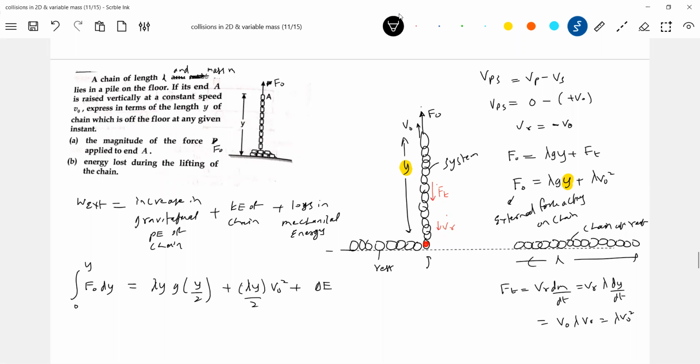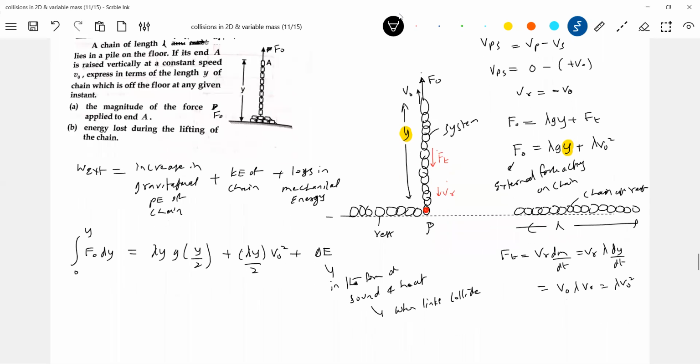Where does this energy go? In the form of sound and heat. Why will sound come? When links collide. They say humming sound, like a gasping sound they call it technically.